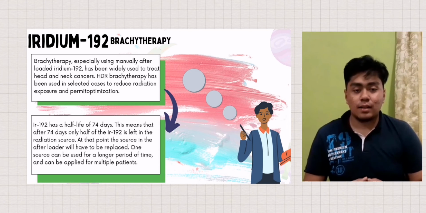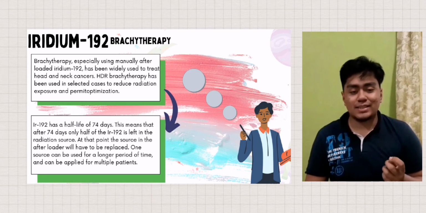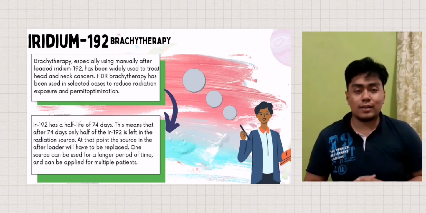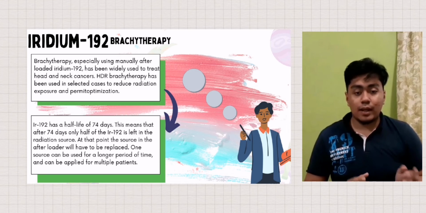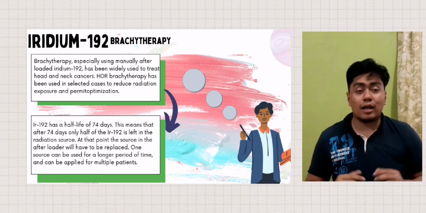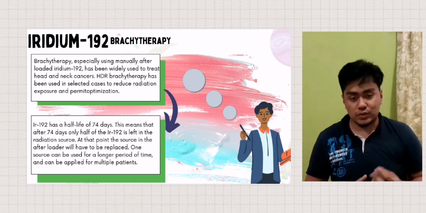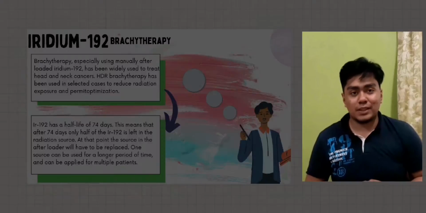Iridium-192 has a half-life of 74 days. This means that after 74 days, only half of the iridium-192 is left in the radiation source. At that point, the source in the afterloader will have to be replaced. One source can be used for a longer period of time and can be applied to multiple patients.